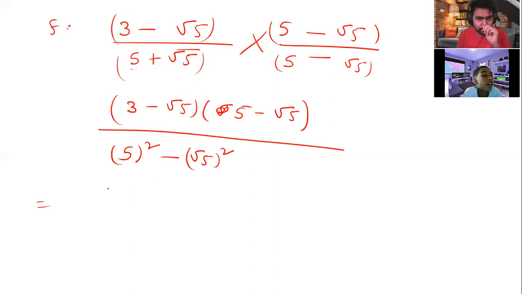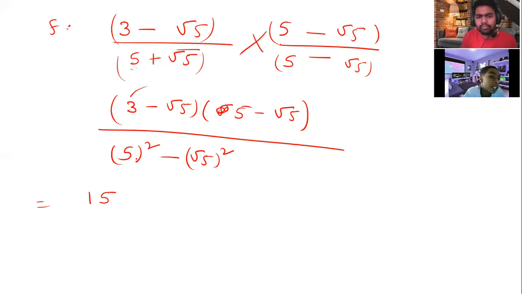5 square is 25, minus 5, that will give me 20. Yes, but step by step. So this, 3 multiplied by 5 is 15, keep 15, minus. These are variables, so this can be multiplied. The root 5 on the 5 will be root 25.